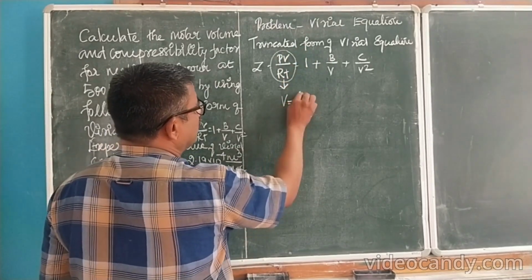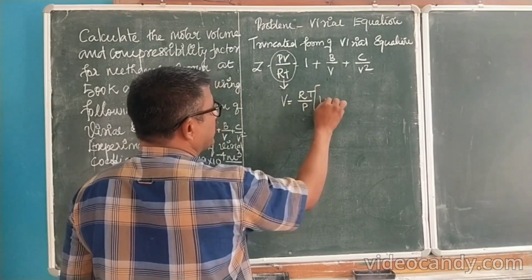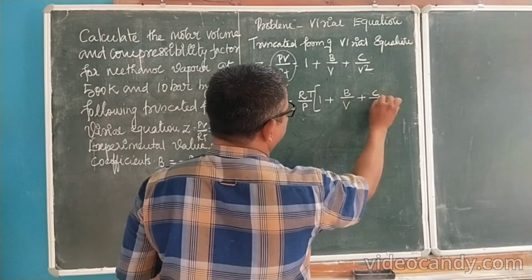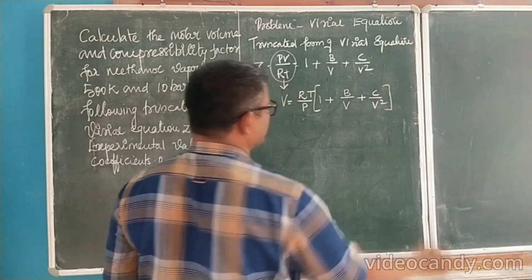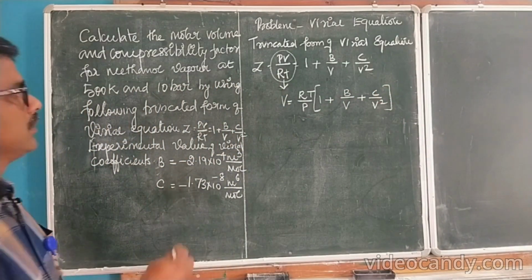V is equal to R into T divided by P into 1 plus B divided by V plus C divided by V square. This is the final equation which we are going to use to solve the problem.